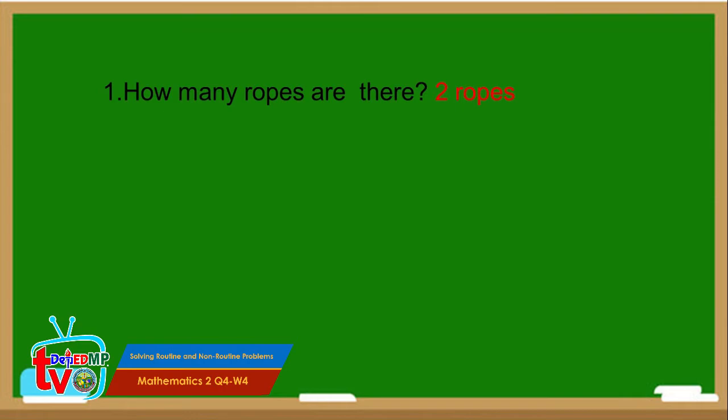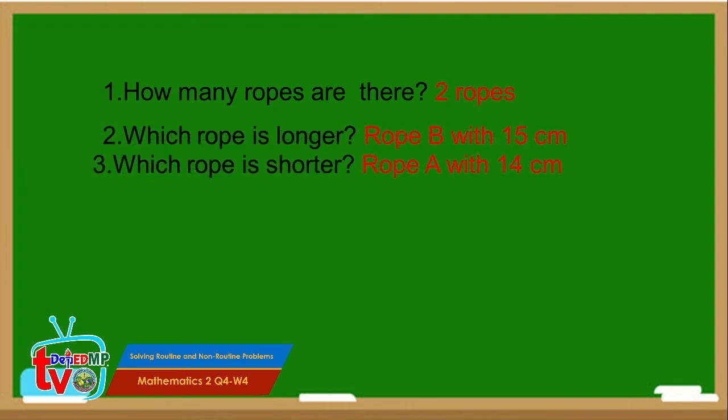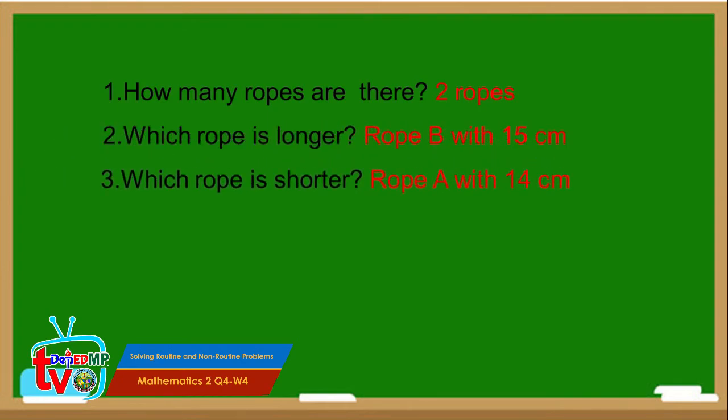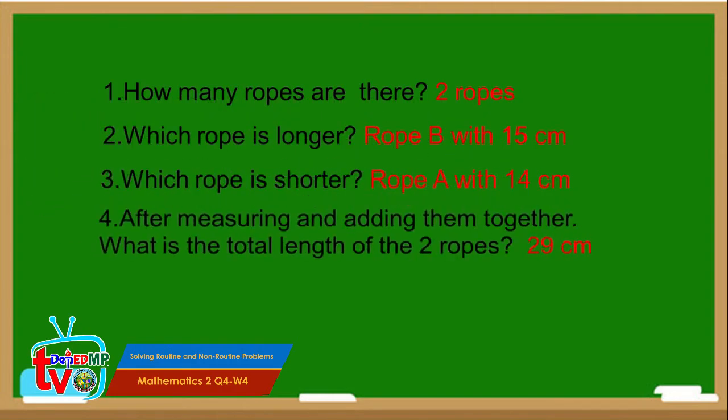How many ropes are there? There are 2 ropes. Which rope is longer? It is rope B with 15 centimeters. Which rope is shorter? It is rope A with 14 centimeters.